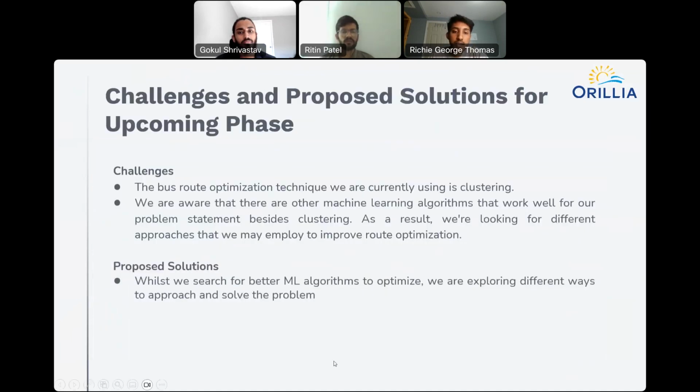The basic challenge which we face for the project is how to optimize using clustering. We know that a machine learning algorithm works for a problem statement, but we are also looking for different approaches as well. So our solution is to look for any kind of algorithm that will give a better approach to solve this problem.